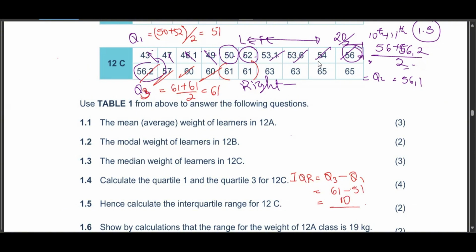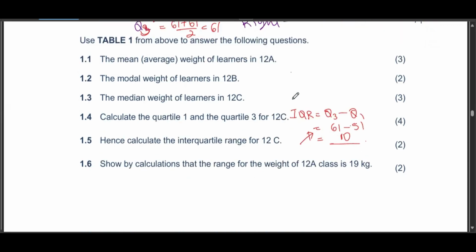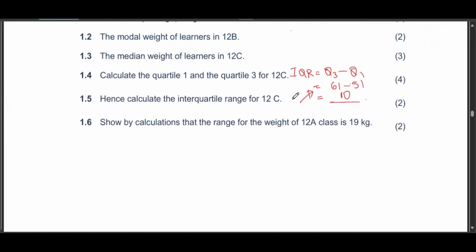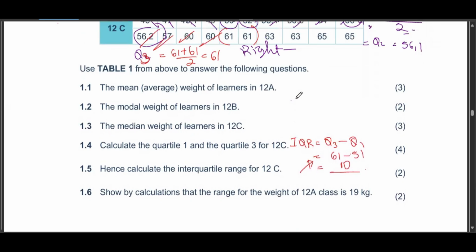Hence, calculate the interquartile range. This is what I'm done doing. Show by calculations that the range for 12A is 19. Remember, show by calculations. What are you going to do? Range equals highest value minus lowest value, which will take us to what's the highest value of 12A.